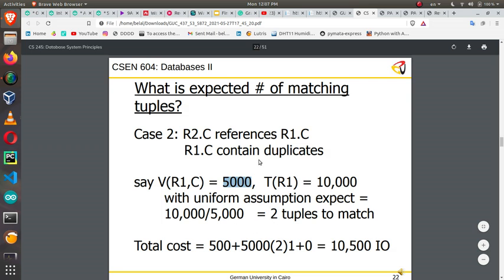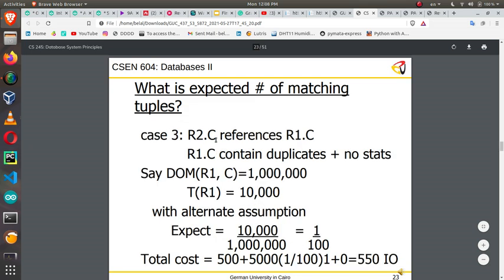So for each value in R2 we will find 2 matches. So we can modify the cost of the previous case as follows: 500 to read R2, 5,000 tuples, for each one of these there are 2 matches, and for each match it costs us an extra input-output operation. So in total we have 10,500.